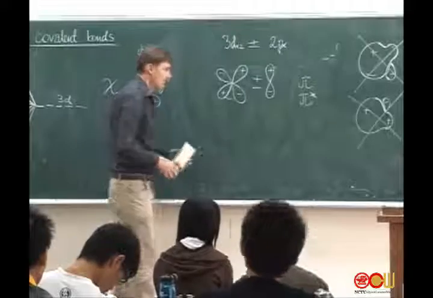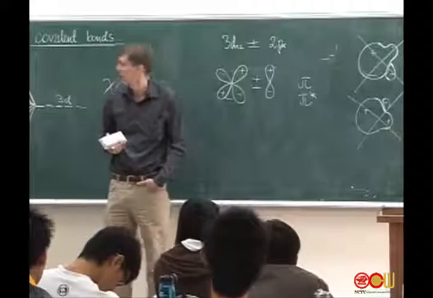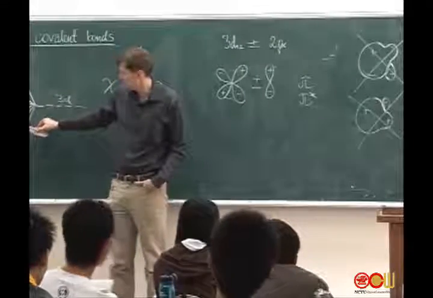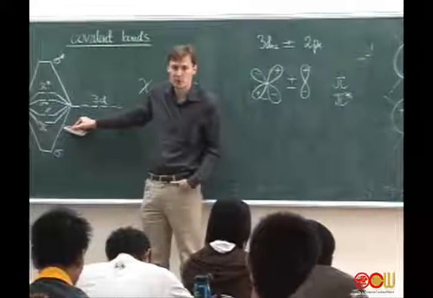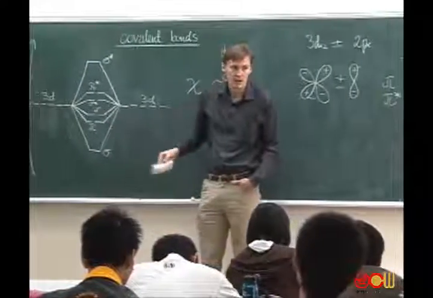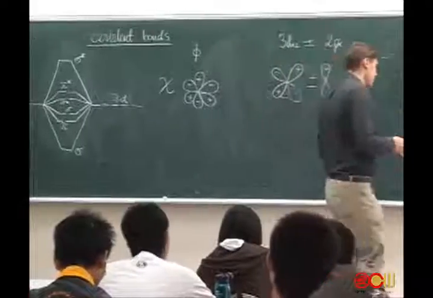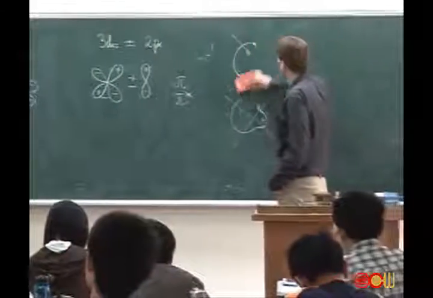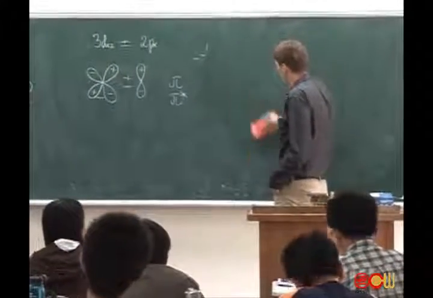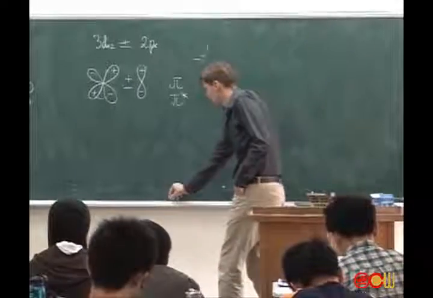Okay, this is everything you have to know about making bonds. The really important part is to remember this plot. So now we should understand what happens. We know how the atomic energy levels look.